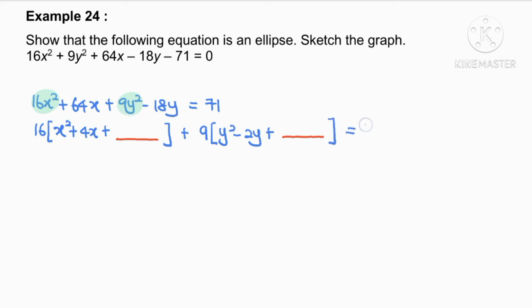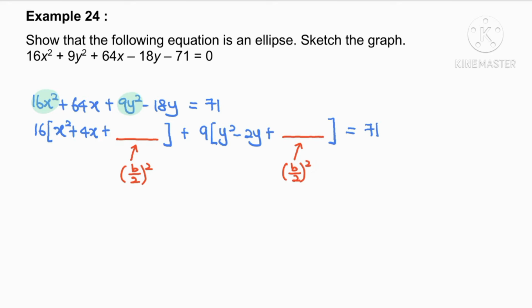equal to 71. The constant here refers to b over 2 squared. The value of b is the coefficient of x.